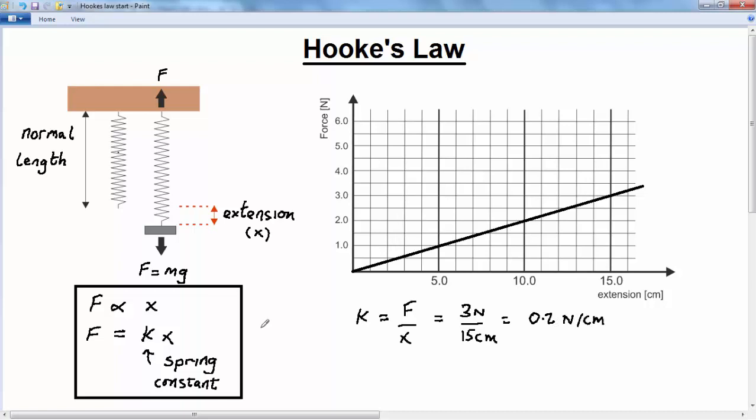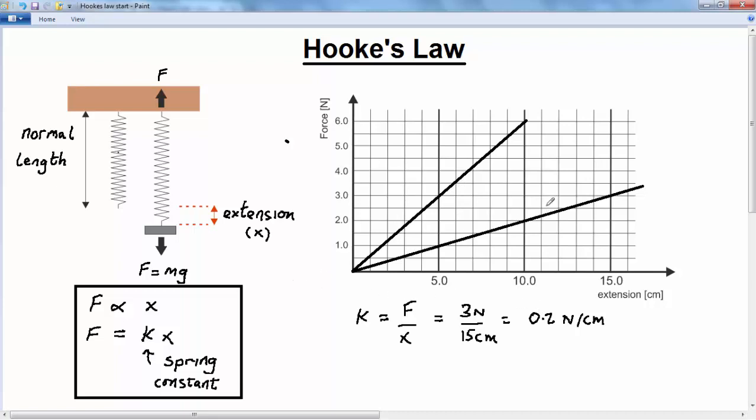So that would be 3 newtons divided by 15 centimeters, which gives us a spring constant of 0.2 newtons per centimeter. You might be asked to compare various springs, and as we've just stated, the spring constant is equal to the slope of the graph. If we measured another spring which had a different slope, maybe a slope like that, immediately on observation you can see that the slope is steeper, therefore it must have a higher spring constant, and what that means is that it will be a stronger spring.